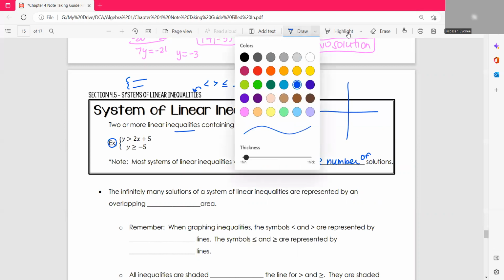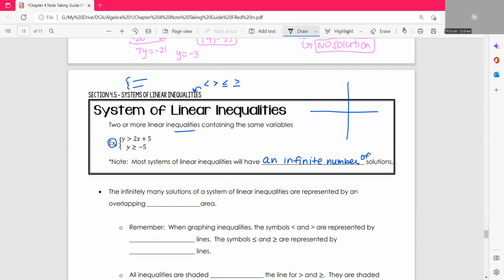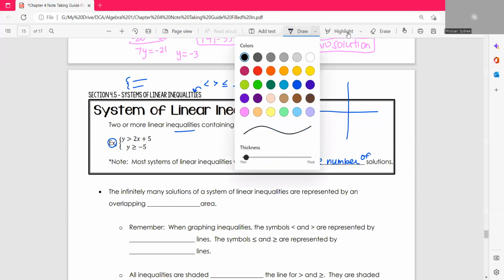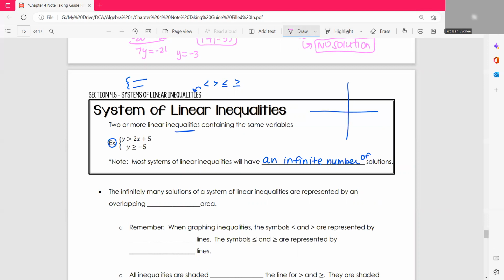If you remember, when we graphed inequalities, we used either dashed or solid lines. So if I had a line and it was an inequality, we would shade either above or below the line that we graphed.